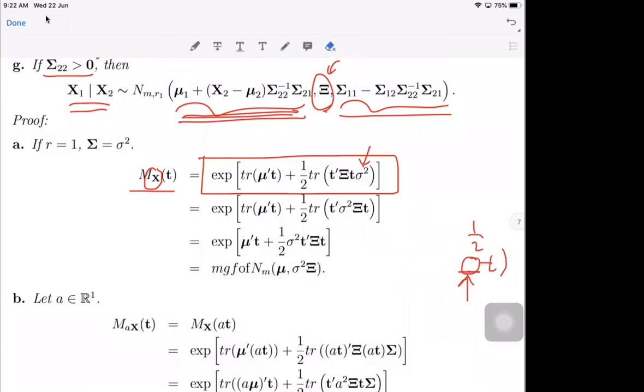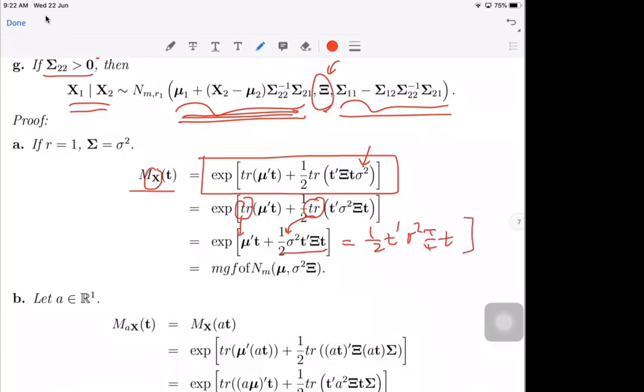So my question is, why can we remove trace from here to here? It should be written as 1/2 in the same form, sigma squared psi t, so that we can get this. So this is my question. Why can we remove trace there? Anybody? Scalar.